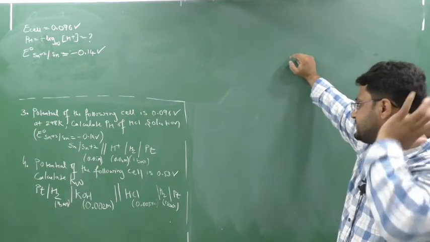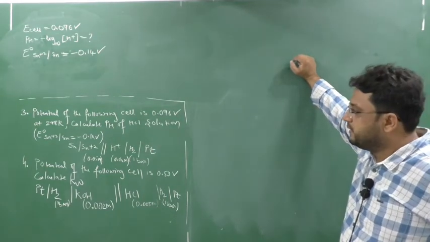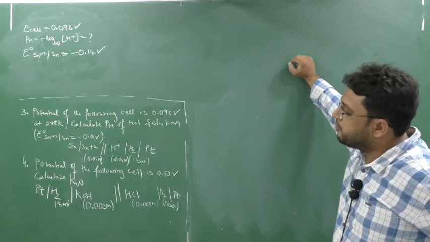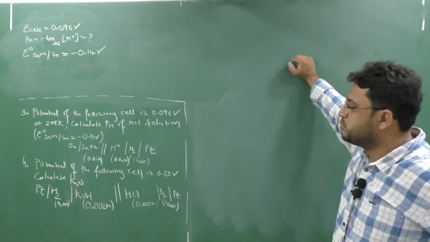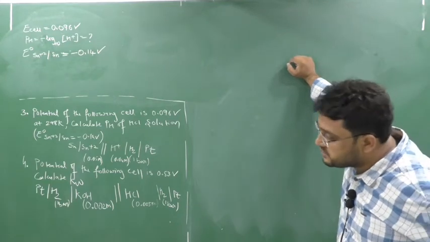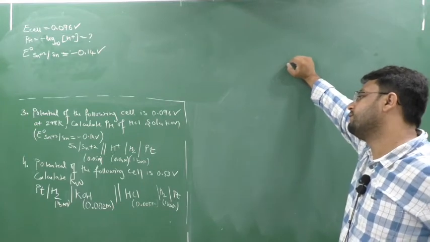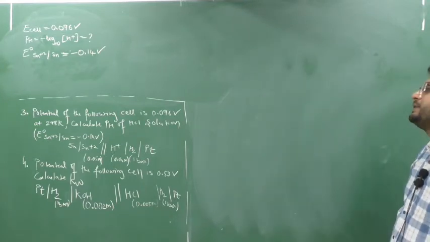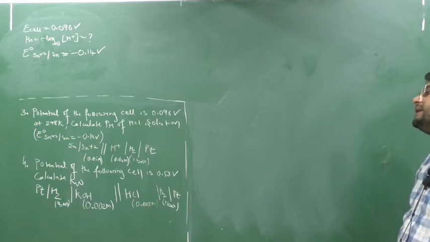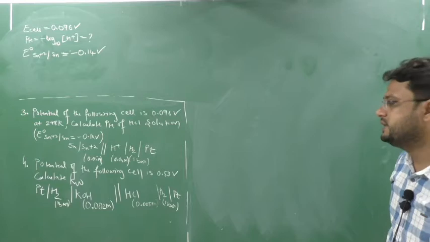Potential of the following cell is 0.096 volt at 298 Kelvin. Calculate the pH of HCl solution. E0 Sn plus 2 slash Sn equal to minus 0.14 volt. Then the cell reaction is Sn slash Sn plus 2 salt bridge, H plus slash H2 slash Pt.